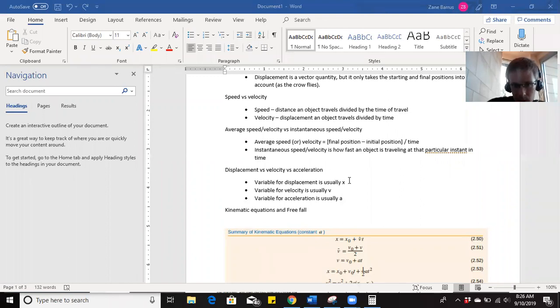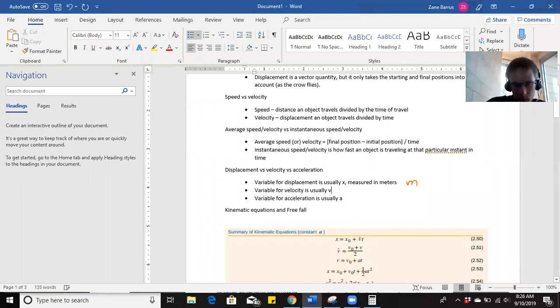We said that the variable for displacement is usually x. We measure displacement in meters, usually. Displacement could be measured in feet, that's also a distance, or in yards. But in this class, we're mostly going to measure displacement in meters. So whenever you see m in a problem, it stands for meters.